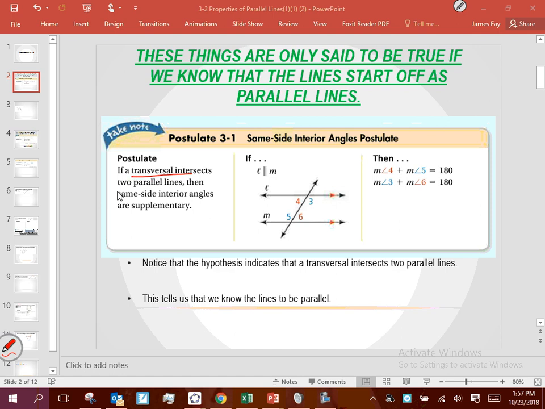This has to be valid first, before I can make any argument about the same side interior angles being supplementary. If you don't know that that's happening, it might be, it might not be, but you shouldn't make a conclusion about it. Does that make sense?